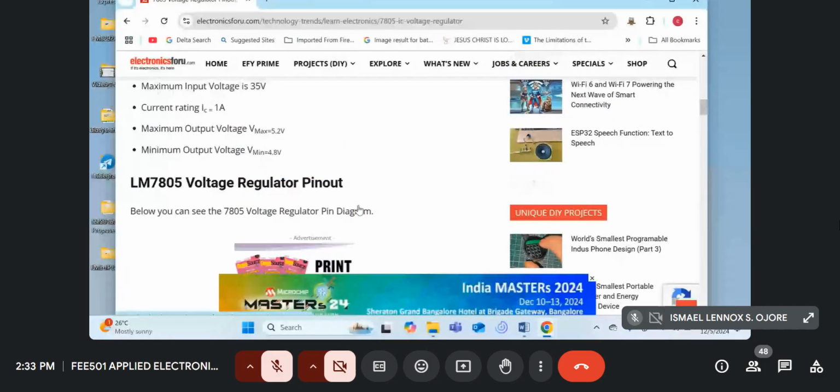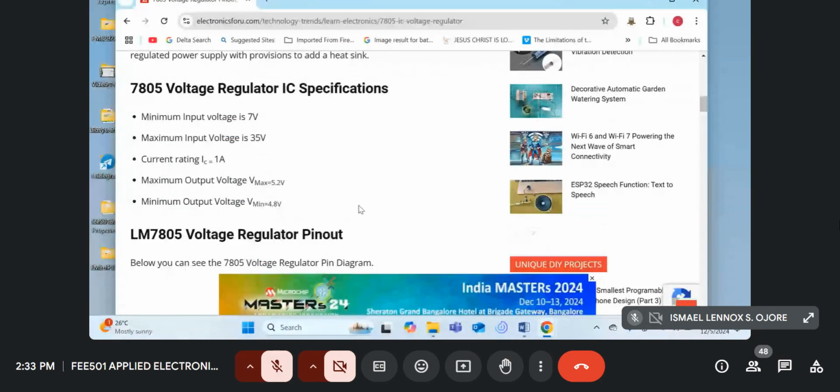This is a marketing company. You're given the data sheets, some technical information. LM7805 has a minimum input voltage of 7 volts, maximum input voltage of 35, and this one can only supply a maximum of 1 amp. And the maximum output voltage is 5.2.